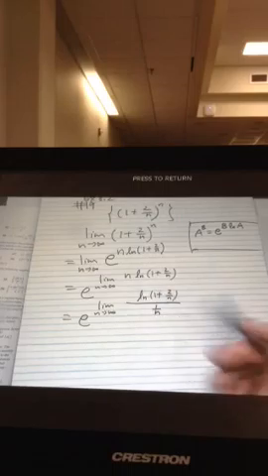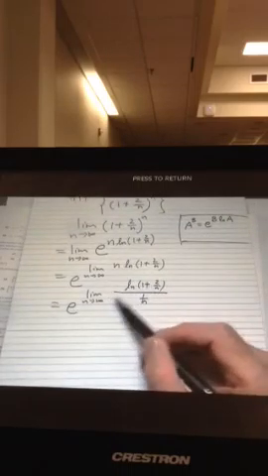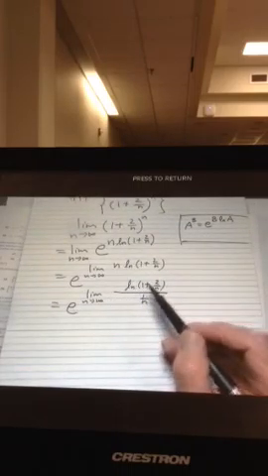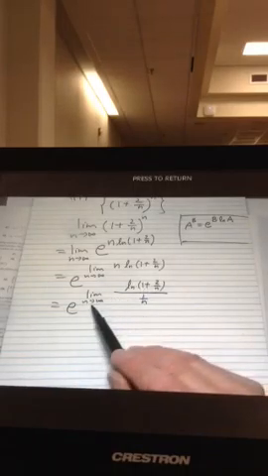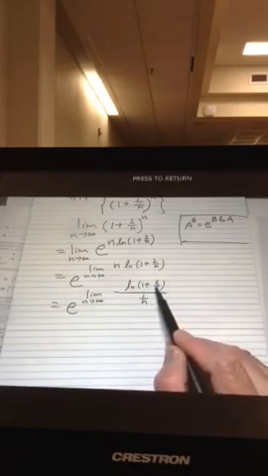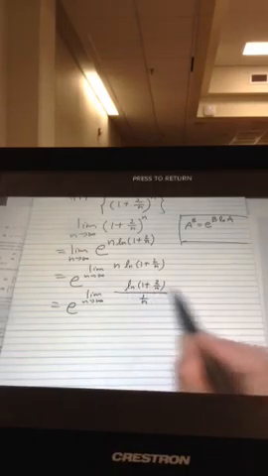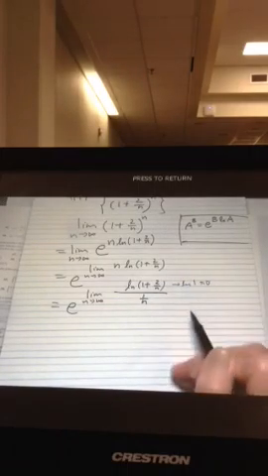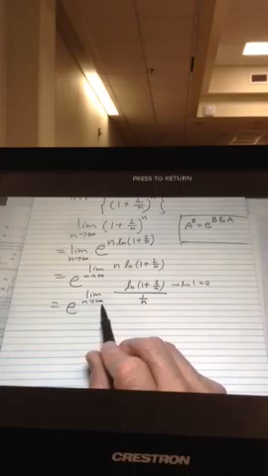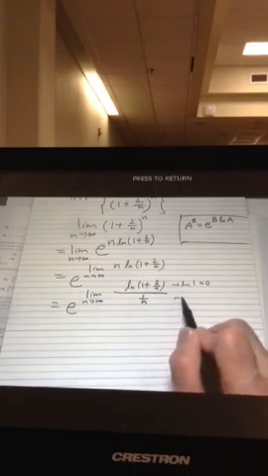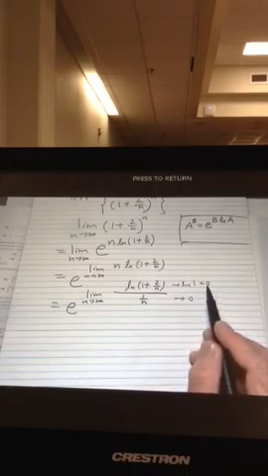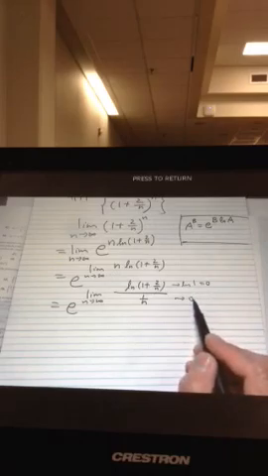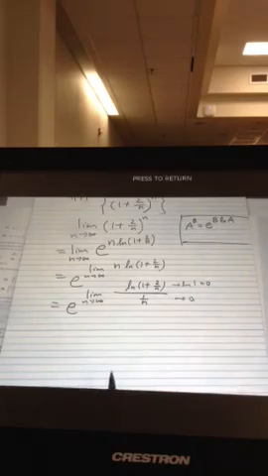I get this one. But this is in the form where n approaches infinity, so the ln(1 + 2/n) approaches ln 1, which is 0. And when n approaches infinity, 1 over n approaches 0. So it is in the form of 0 over 0. So I can use L'Hopital's rule.